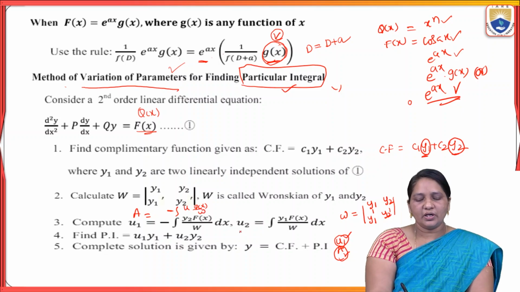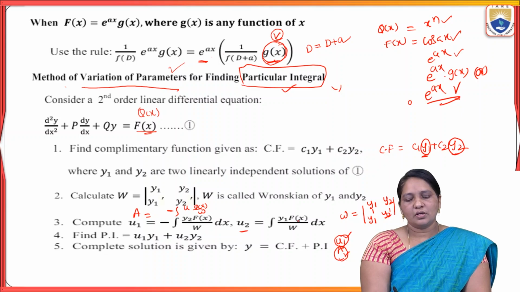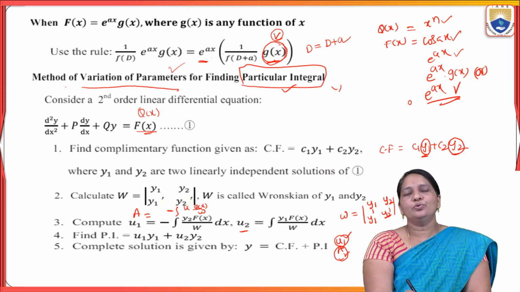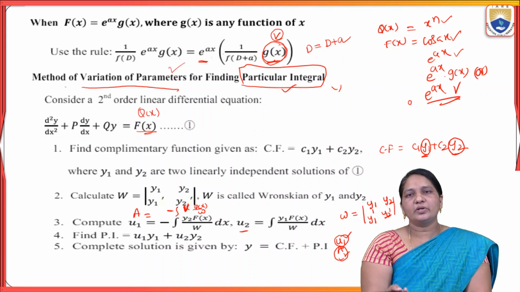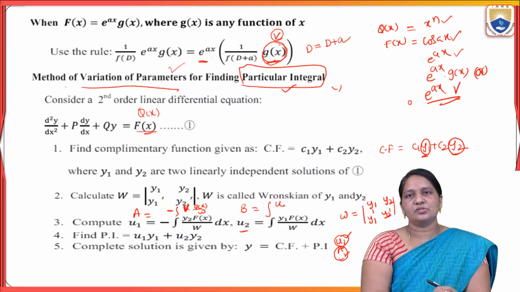If you are taking u2 equal to integral y1 f of x by w, here the first solution is u, and if the second solution is v, then we can write v here. So according to your assumption, you have to remember. Here I am taking this one as b equal to integral y1, the first solution, this is u, q of x by w.